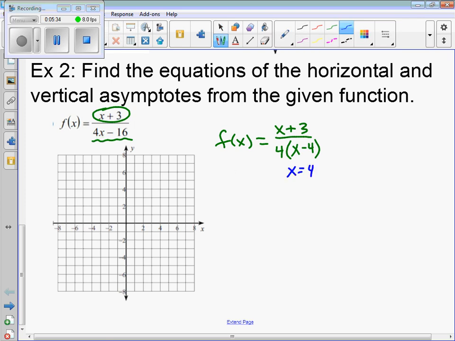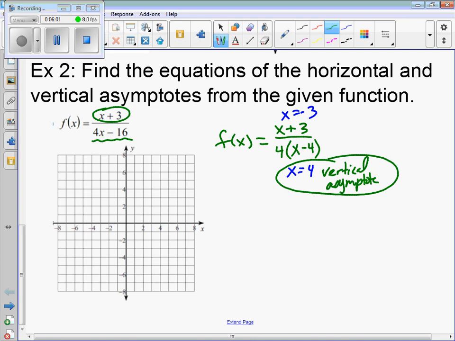The numerator zero is negative 3. There are no zeros shared in common here, so we just look at the denominator. The only zero is x equals 4. That is our vertical asymptote. So x equals 4. There are no other denominators that have zeros.